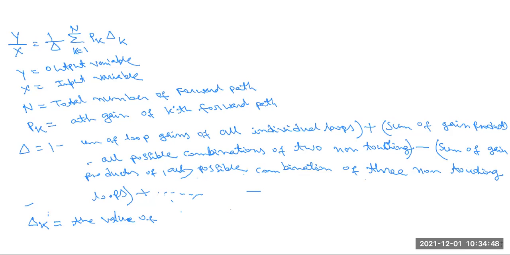Okay, so this is basically called the Mason gain formula. So please everyone remember these things. This is Mason's gain formula. Okay, this is very important when you solve by the signal flow graph method. Is this clear, all of you?